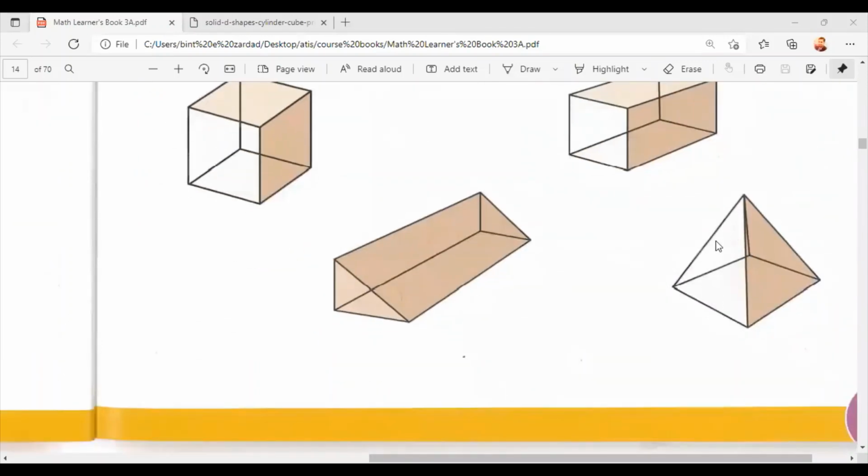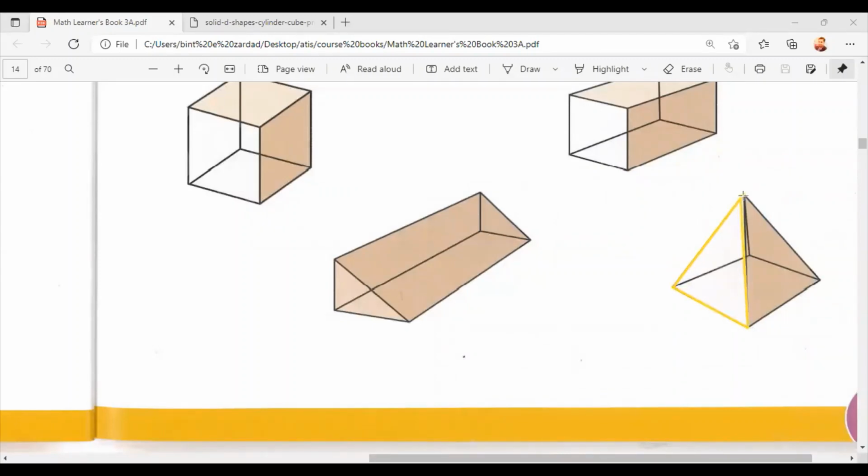This is a square base pyramid. Let's check the corners. One, two, three. This is the back one, four, and one up. So five corners. And what about the sides, the edges?